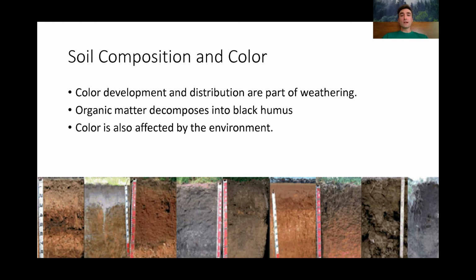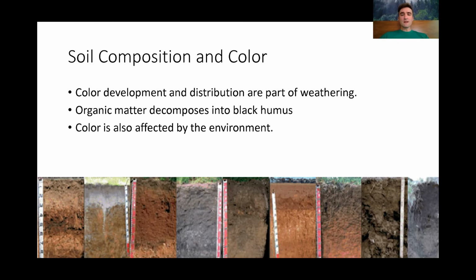And then additionally, organic matter decomposes into a black material that we call humus. And so how rich the soil is in humus will be indicated by how dark brown or black the soil is. And then where that is in the soil profile can be an indicator of how deep the humic acids have penetrated into the soil, and therefore how deep the root system and the topsoil, the growing depth for your plants is.